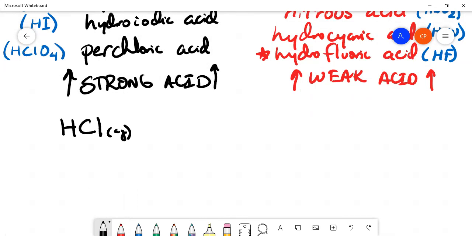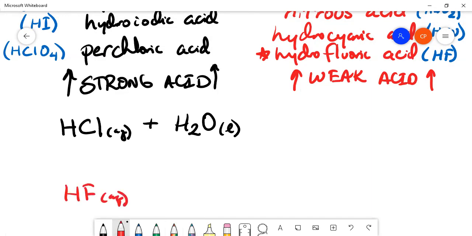Remember that hydrochloric acid is nothing more, nothing less than the hydrogen chloride molecule dissolved in water and combined with liquid water chemically. And hydrofluoric acid is nothing more and nothing less than the hydrogen fluoride molecule dissolved with water and combined with water chemically.